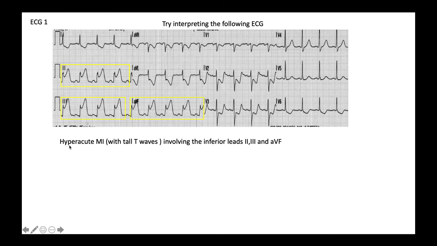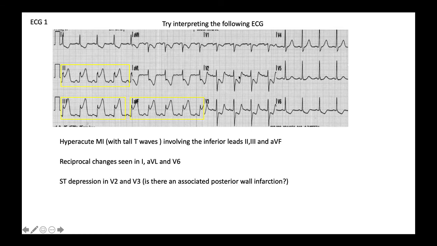So what do we see? We could diagnose it as hyperacute MI with tall T waves involving inferior leads 2, 3 and AVF. You see the T waves, they are still upright and tall. So this is probably someone who has presented very early with inferior wall myocardial infarction. We saw the reciprocal changes in the lateral leads 1, AVL and V6.